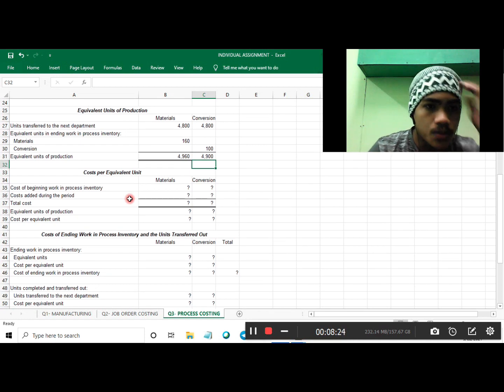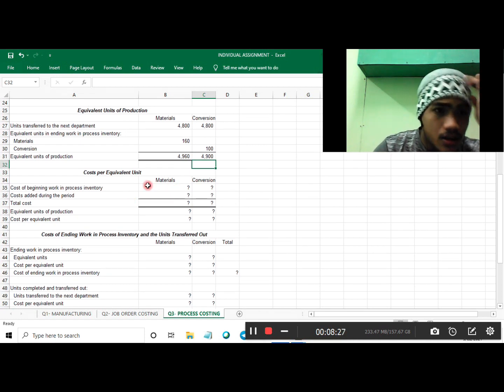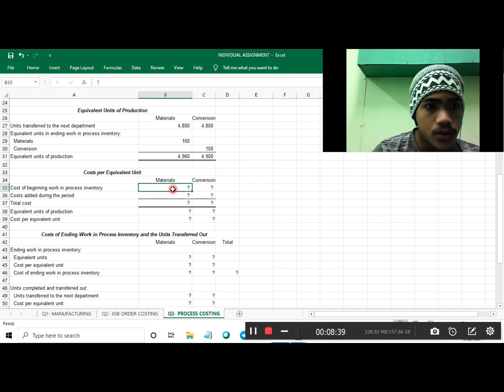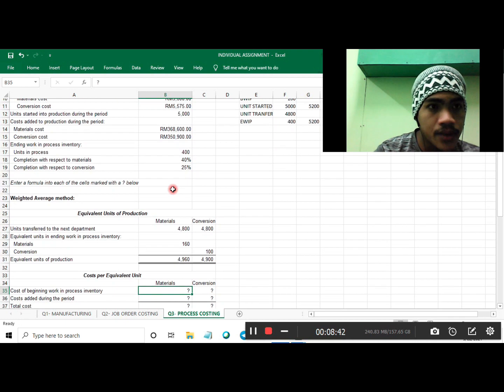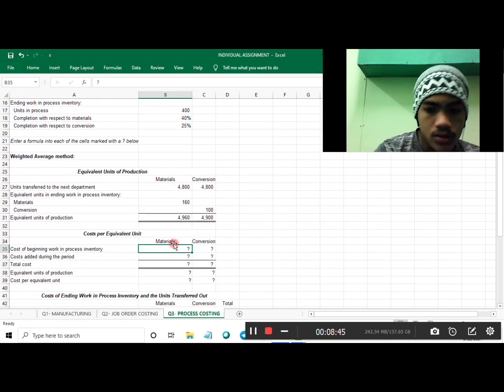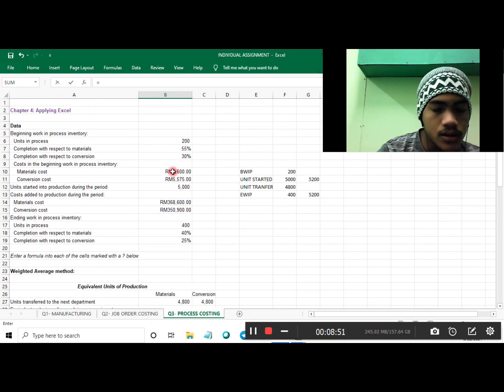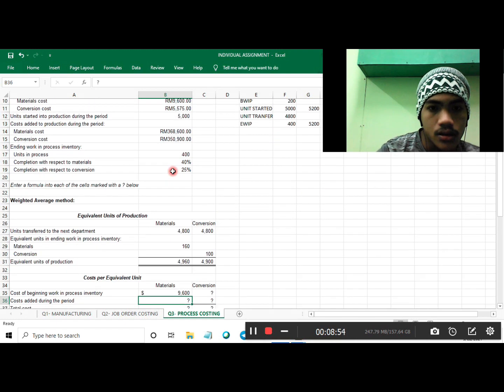For cost per equivalent unit, cost of beginning work in process inventory, we just take from the data. For material cost it is 9,600.